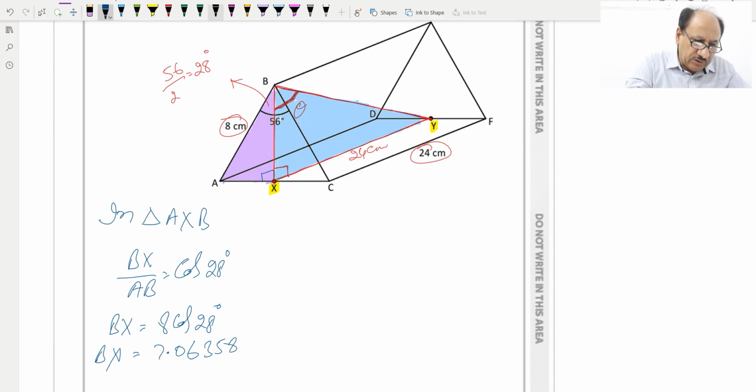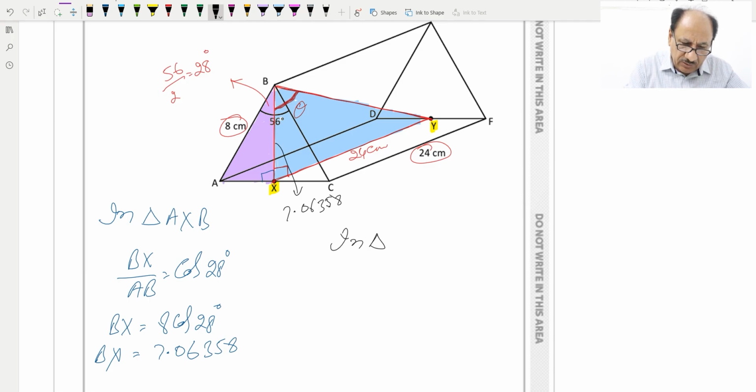And now after getting this length, which is 7.06358, we can consider the triangle BXY.